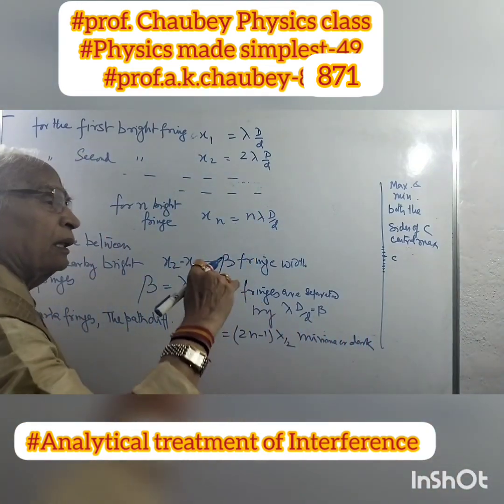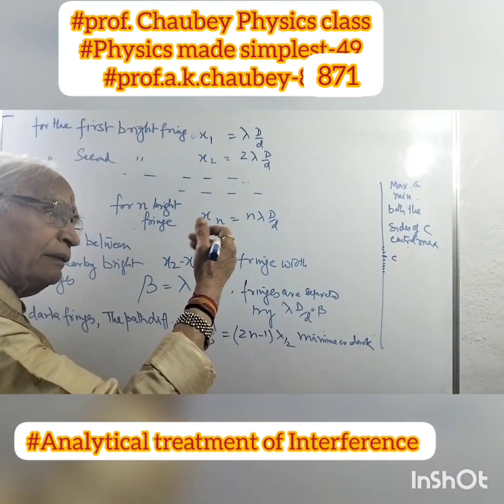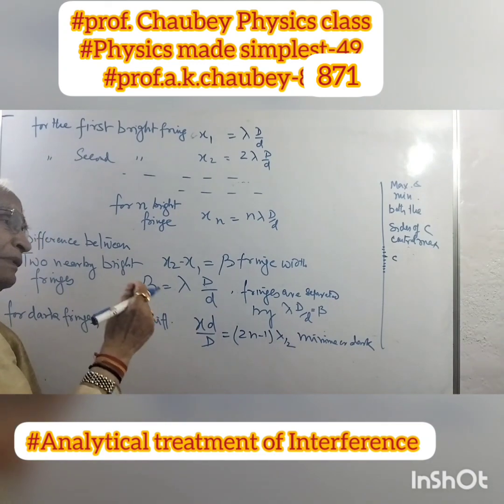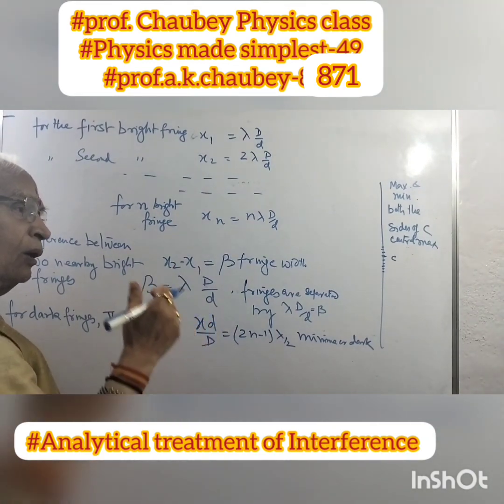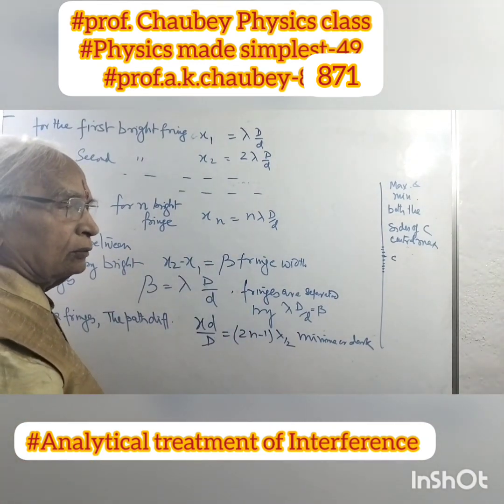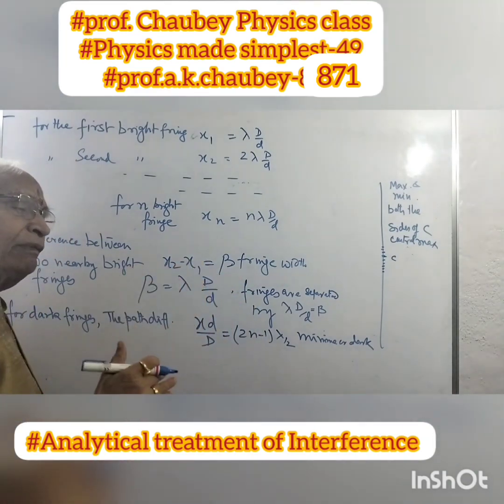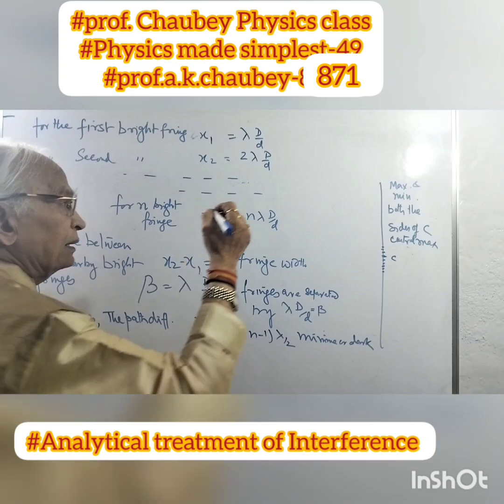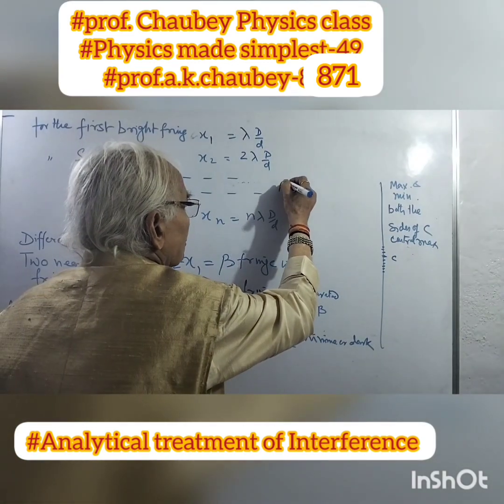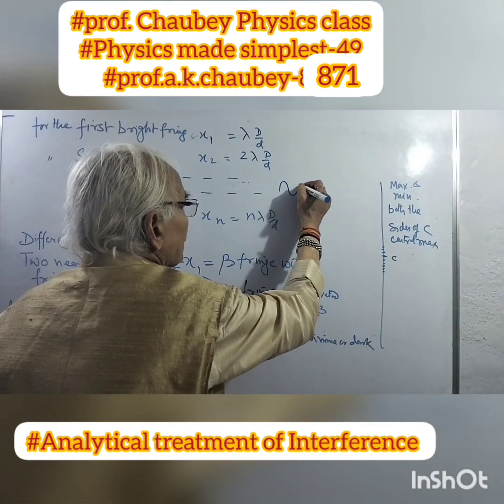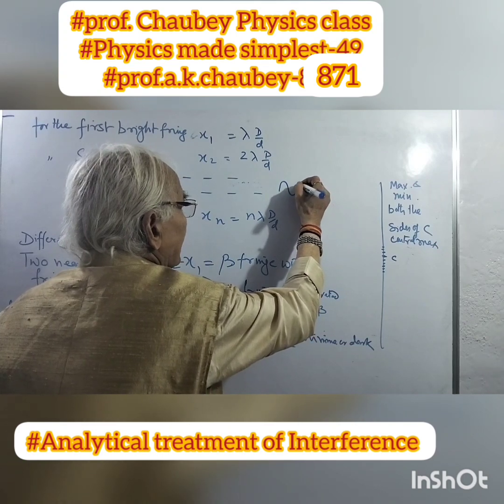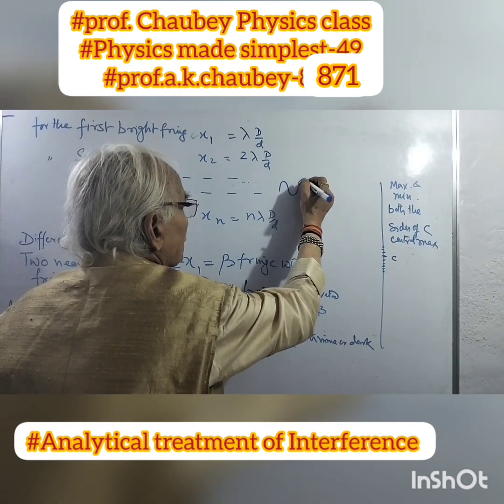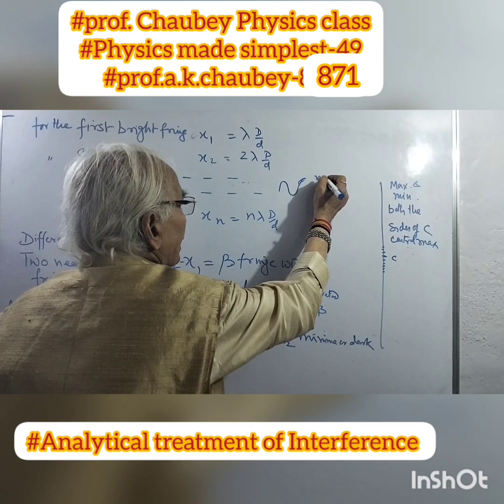Dark means the maximum of one wave falls at the minimum of the other. So it should be an odd multiple of lambda by 2. While for the bright fringes, one wave starts here and the second wave also starts here. That was the maxima, bright.